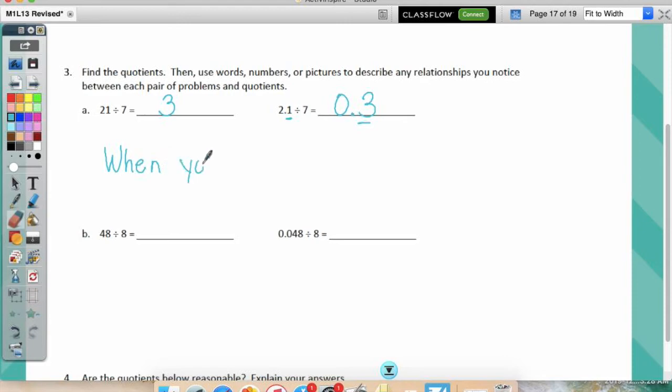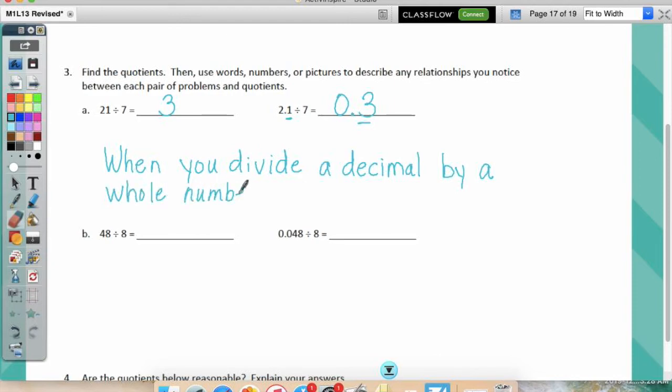When you divide a decimal by a whole number, the place value does not change.